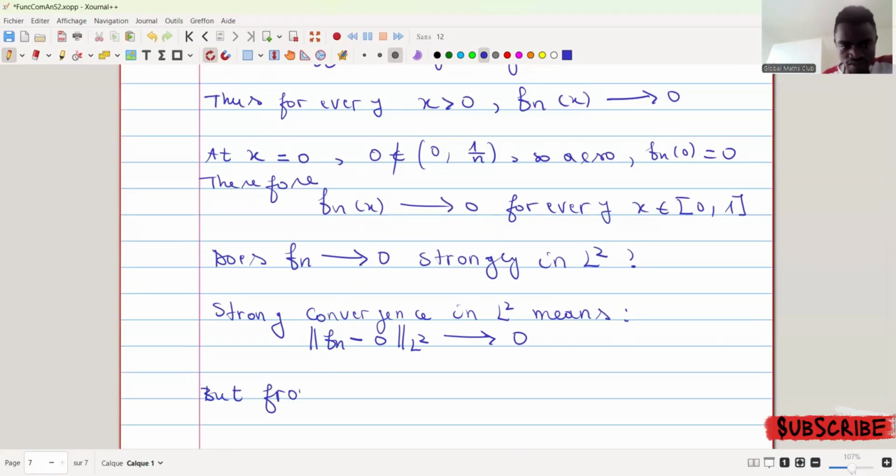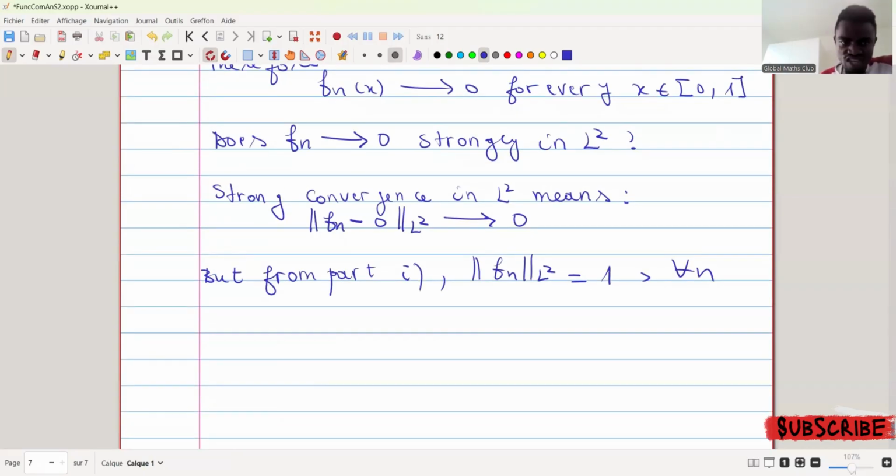But from part I, what we did, the norm of Fn in L2 was equal to 1. This is different from 0 for all n. Then the norm of Fn minus 0 in L2 is equal to 1, and this does not go to 0.